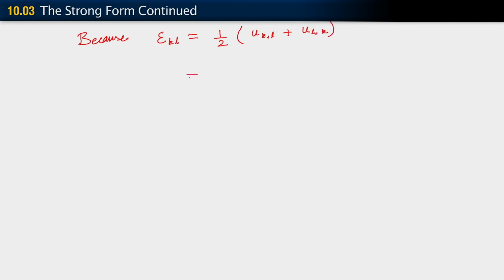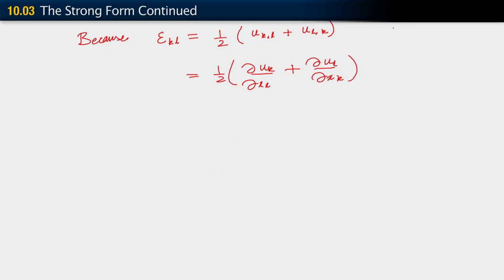Remember what that is? That is just 1/2 times the derivative of u k with respect to x l, which is the first term in the parenthesis, plus the derivative of u l with respect to x k.